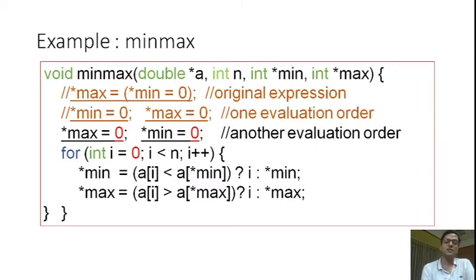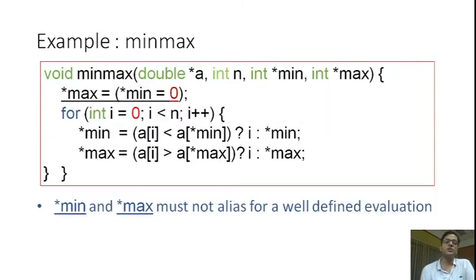In either case, the compiler would have lost some of the information that was present in the original expression. From the original expression, we can infer that this expression would yield undefined behavior if *max and *min refer to the same memory object, as we discussed earlier. Thus, *min and *max must not alias for this evaluation to be well defined.